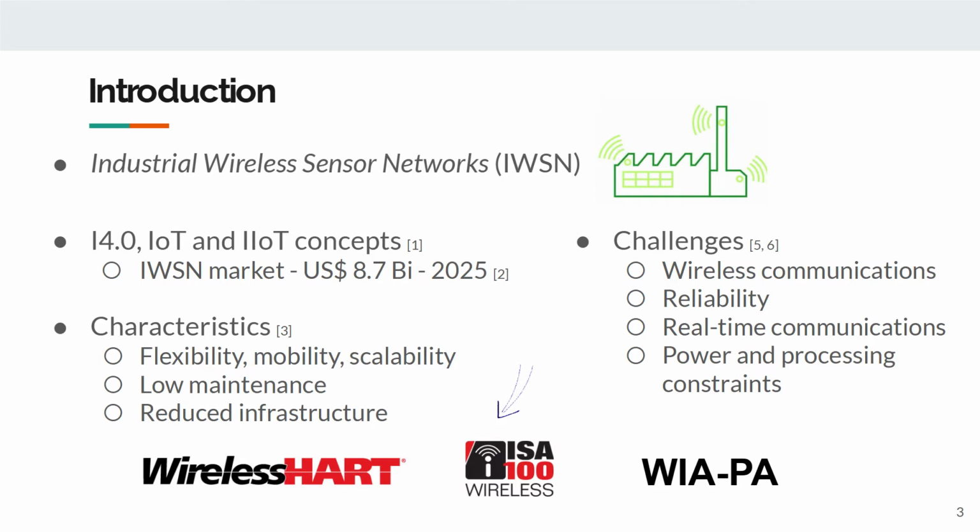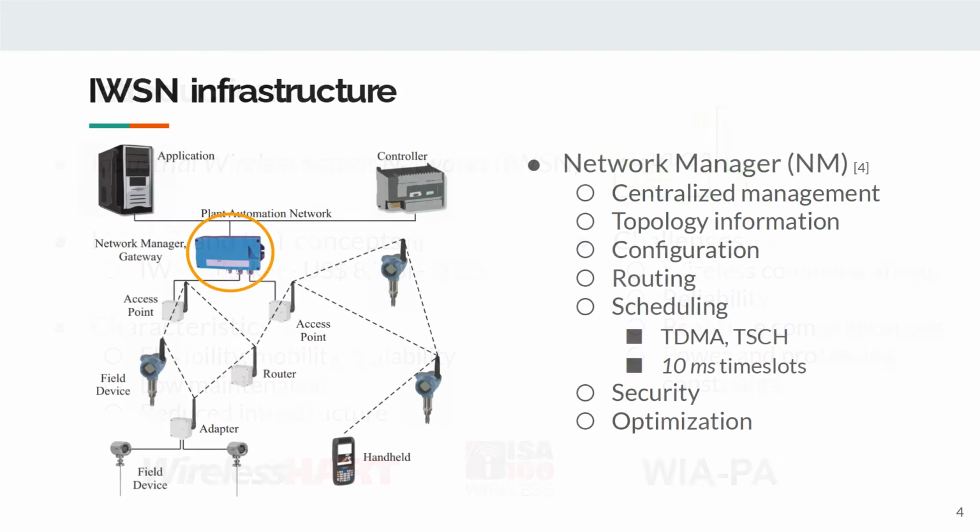WirelessHART, ISA SP100.11a, and WIA-PA are examples of IWSN's current protocols and standards. The infrastructure consists of wireless sensor devices. We are going to call them here nodes, connected to a gateway through access points.